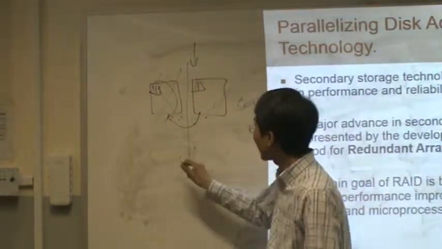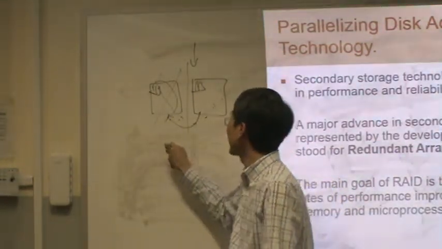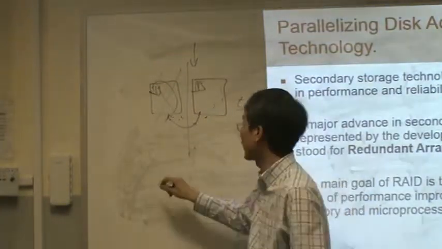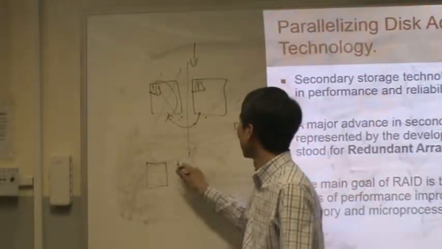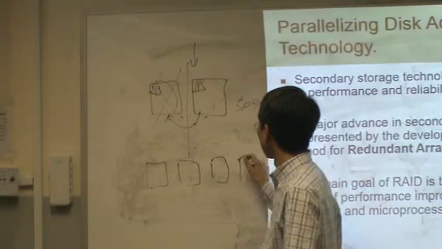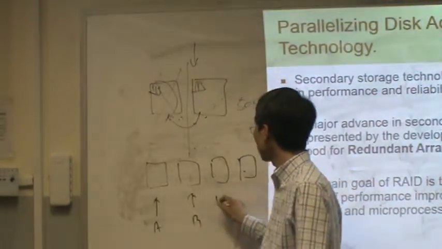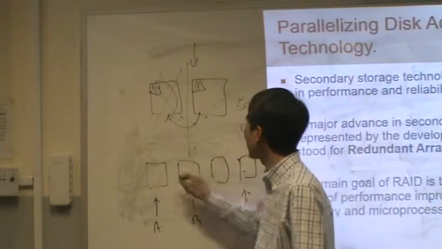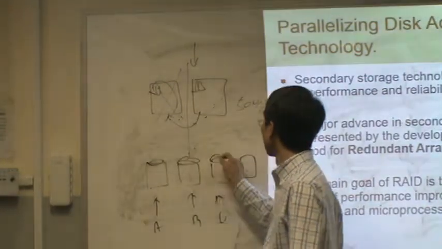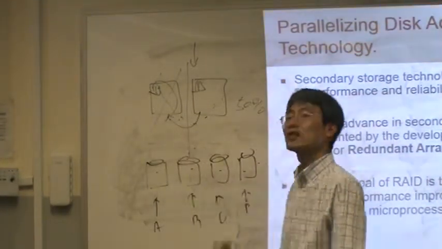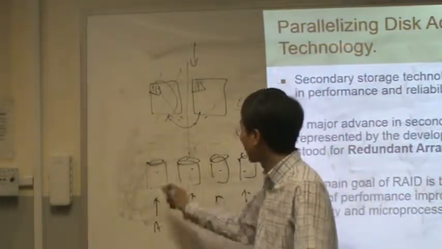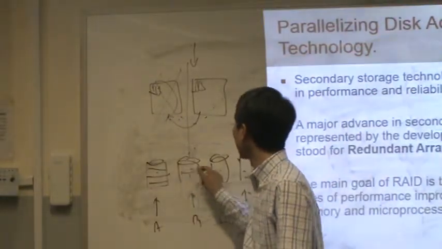So another technique in organizing the hard disk drive is this: we have A file, B file, C file, D file on a hard disk drive. Instead of storing them that way, we divide into 4.